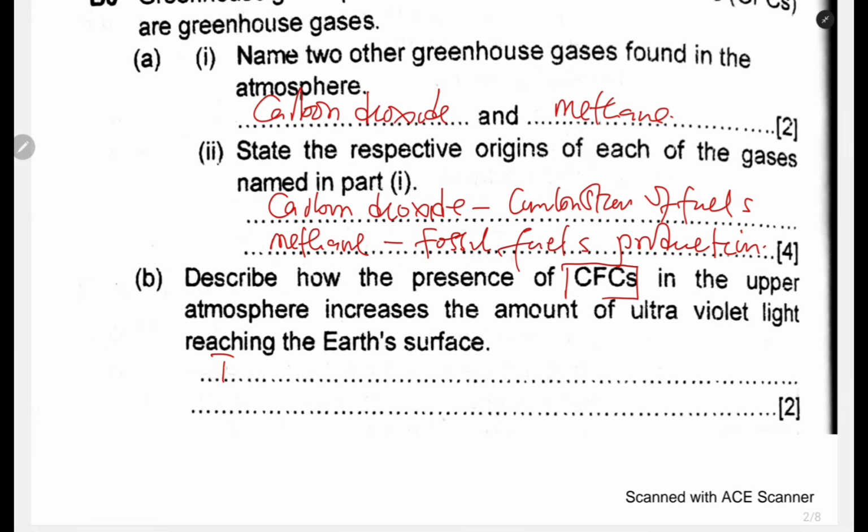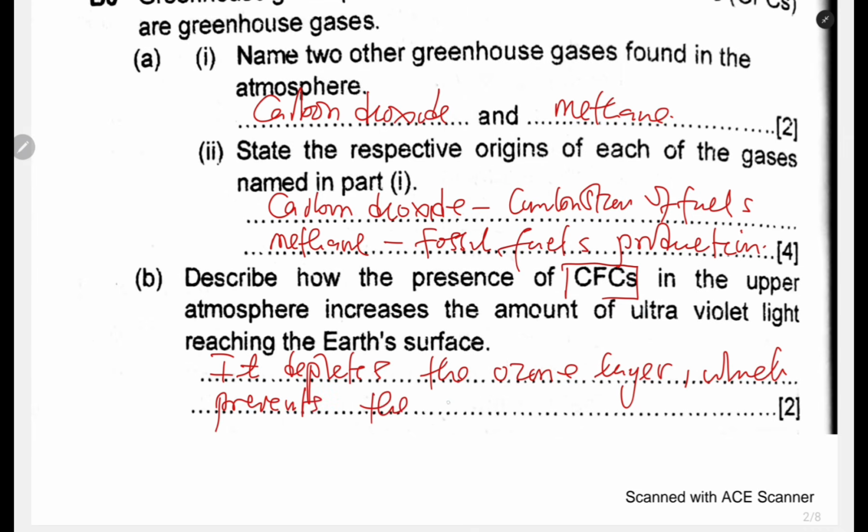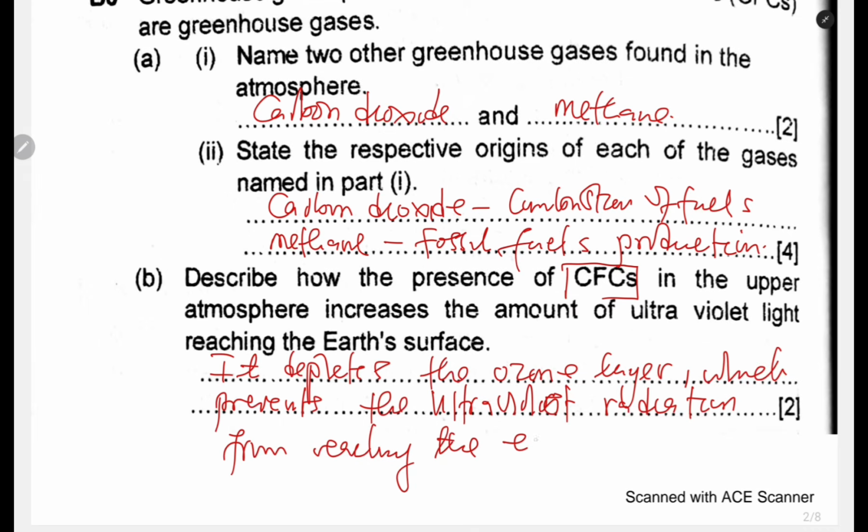So here we can say it depletes the ozone layer, which prevents ultraviolet radiation from reaching the Earth's surface.